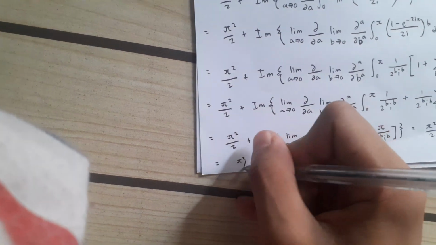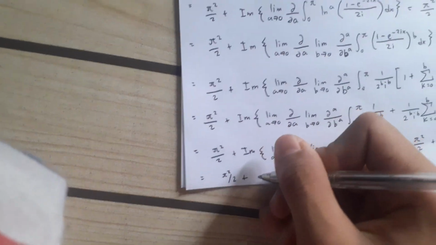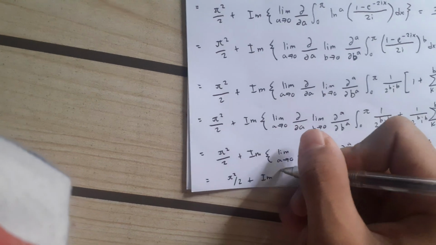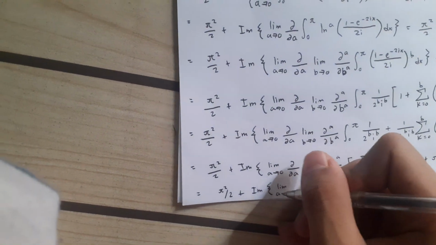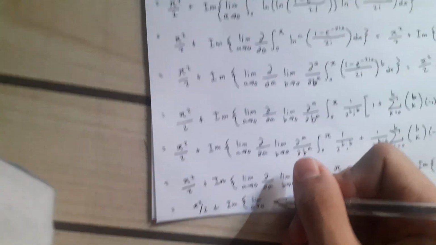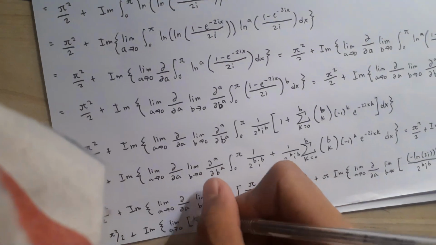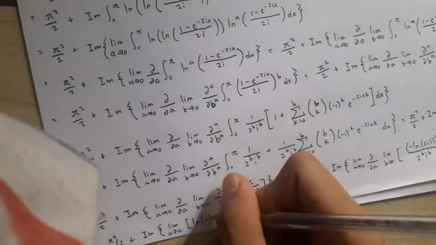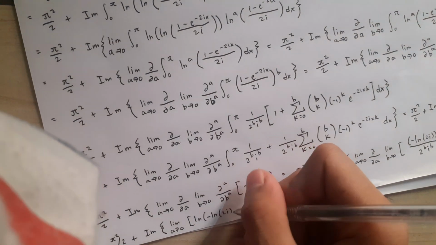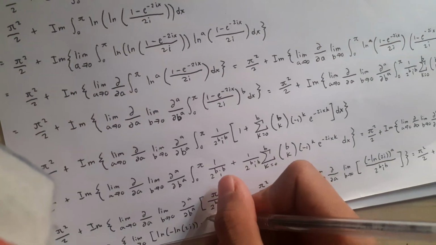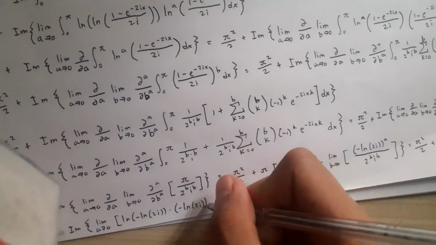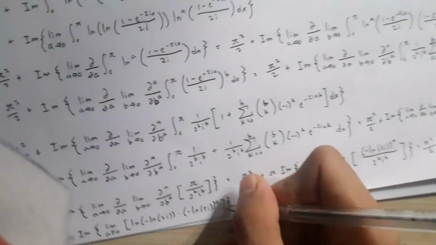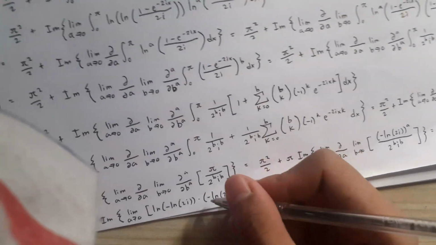pi squared over 2 plus the imaginary part of the limit as a approaches 0 of ln of negative ln 2i times negative ln of 2i raised to a, and as a approaches 0, this will be equal to 1.